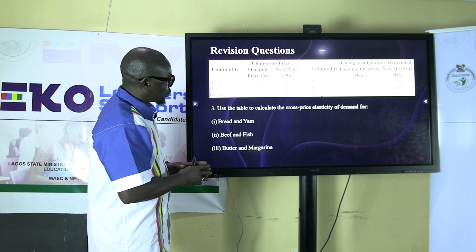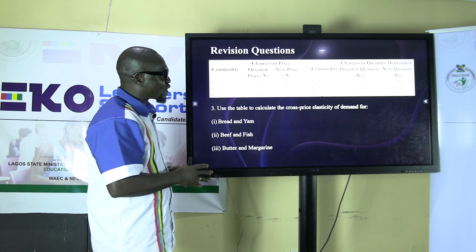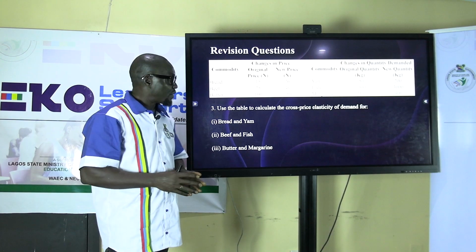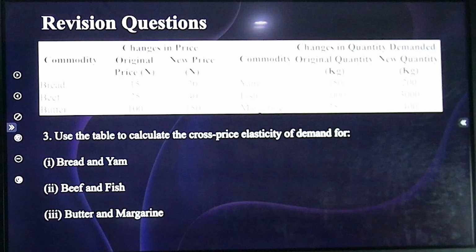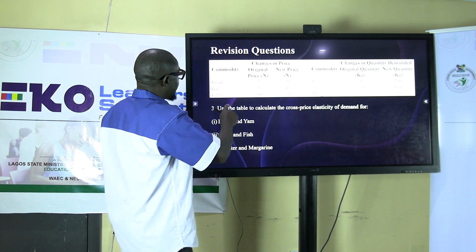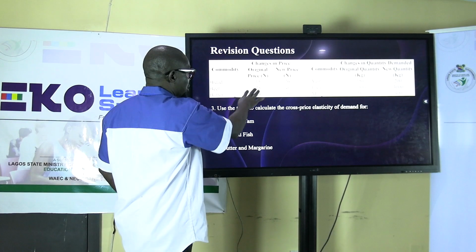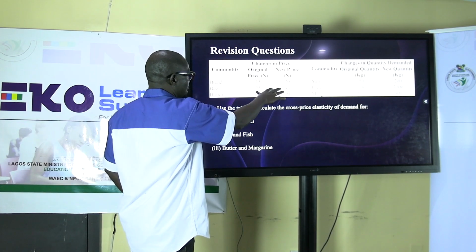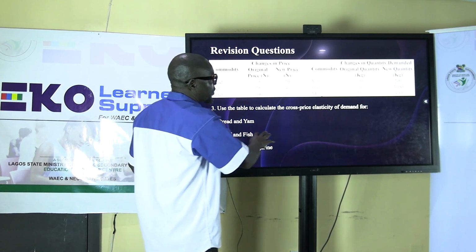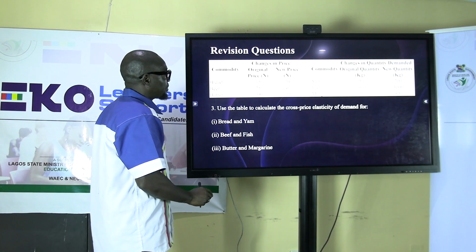We are to use the table to calculate the cross price elasticity of demand for different sets of products. So we have bread and yam, beef and fish, butter and margarine. For the first set, bread and yam, we take the price of bread, and then the quantity of yam. Okay?